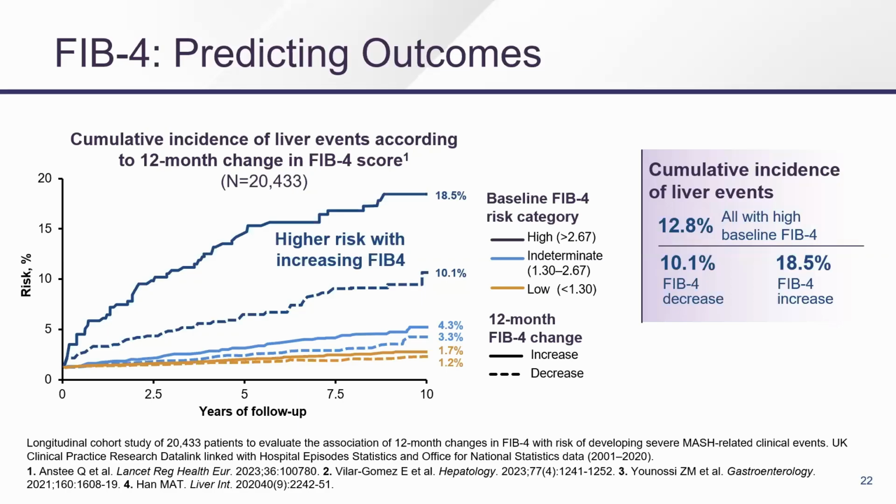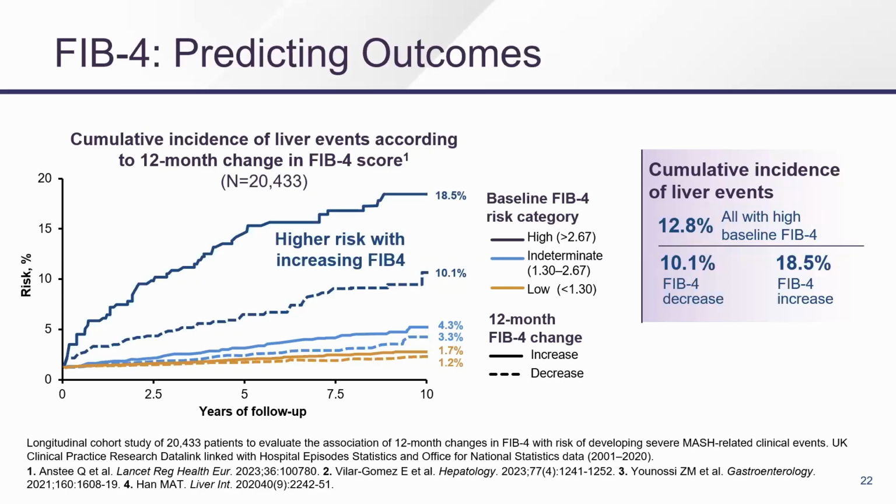What is really interesting up here is that we are starting with overall about 13% baseline events at FIB4. However, if we're able to decrease FIB4, our incidence of liver-related events is going to decrease. However, if your FIB4 increases, your liver-related events will correspondingly increase.